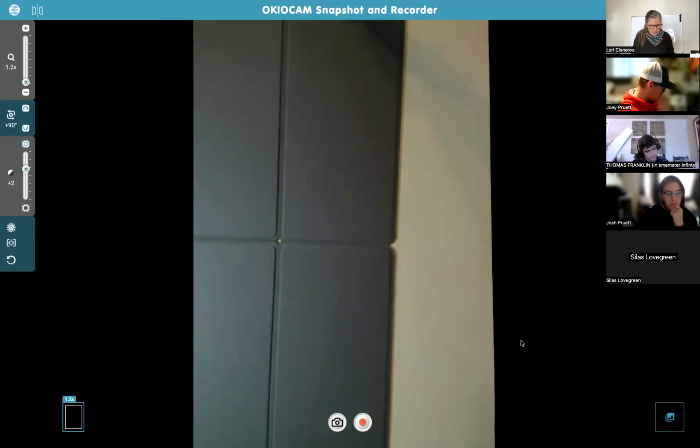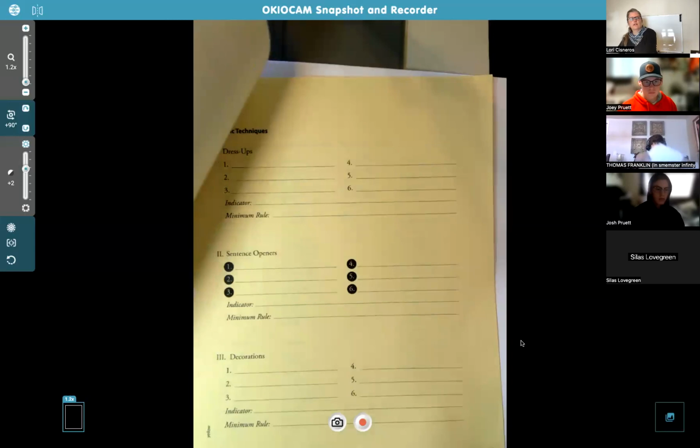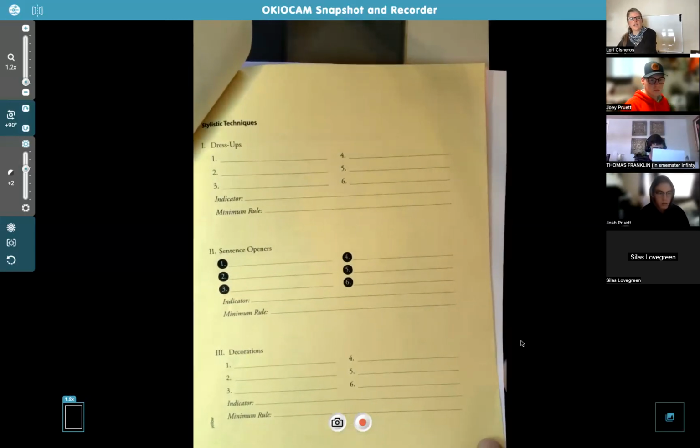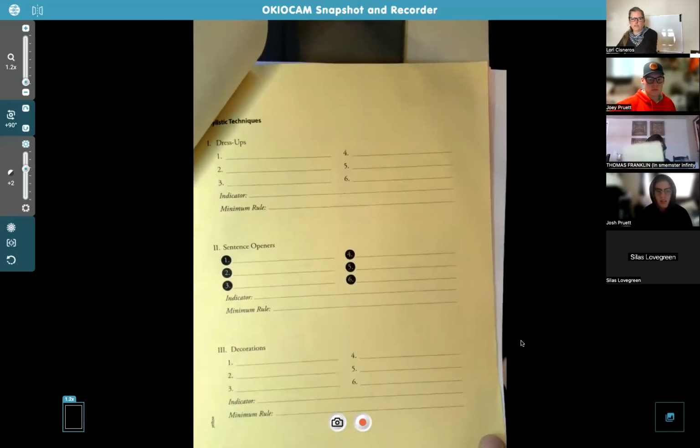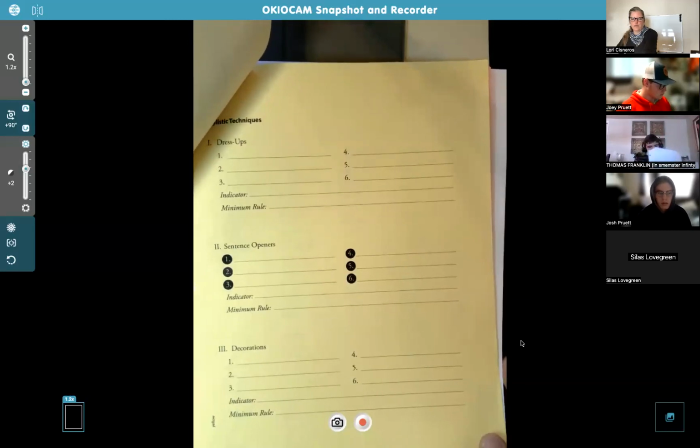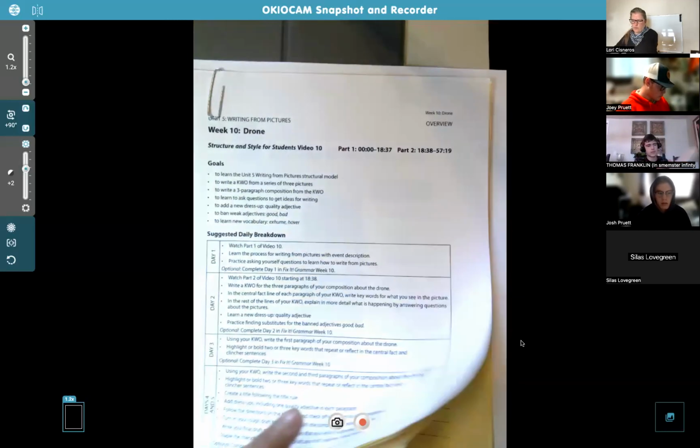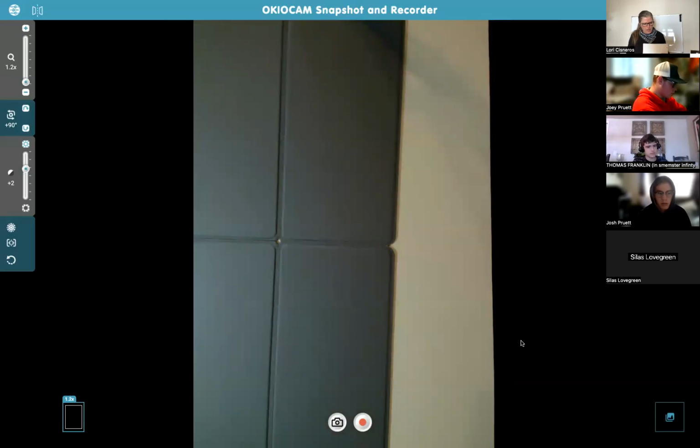That's the dress up page. This one. The stylistic techniques page, go ahead and keep that at the front of your binder still, because we're gonna keep working on that one. But then everything else gets put away. Close your rings. Give me a thumbs up if you're done putting stuff away. All right. Okay.